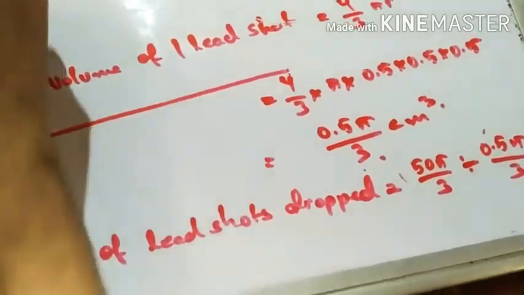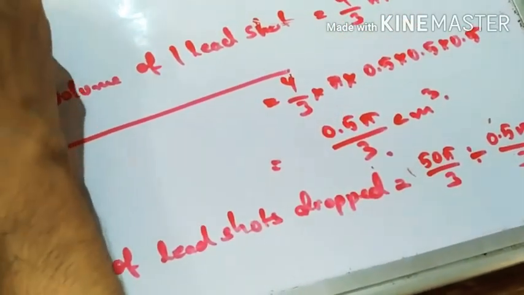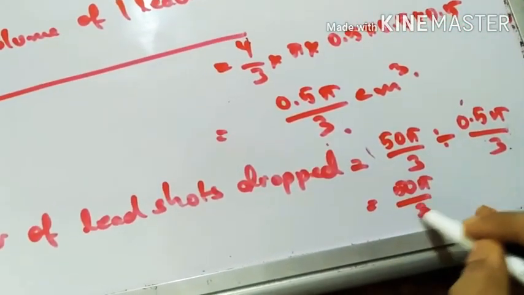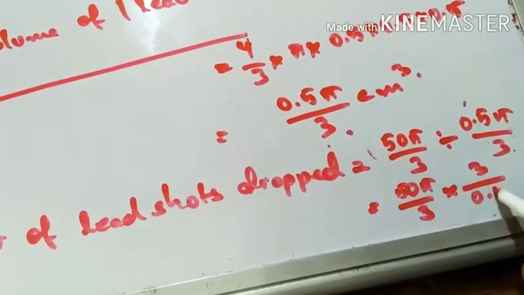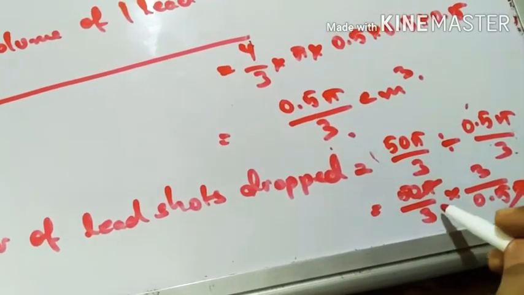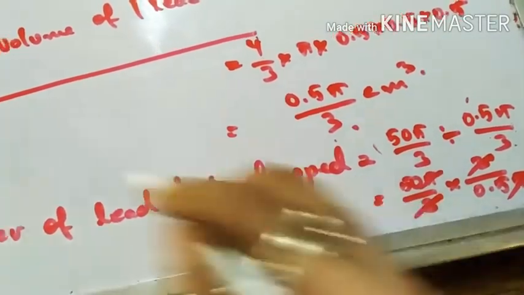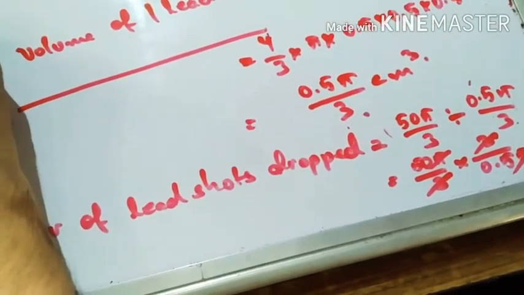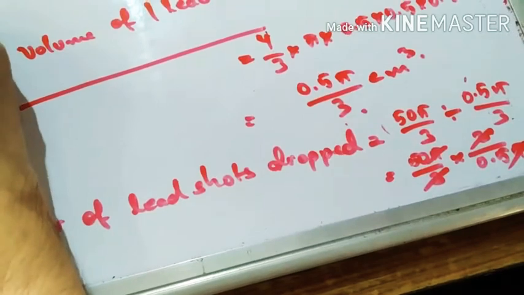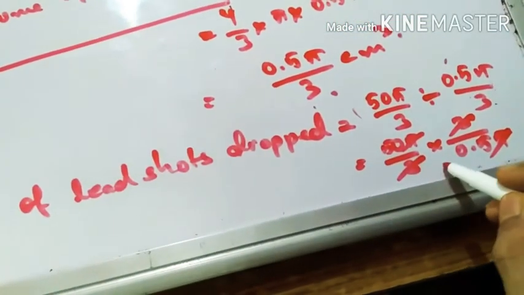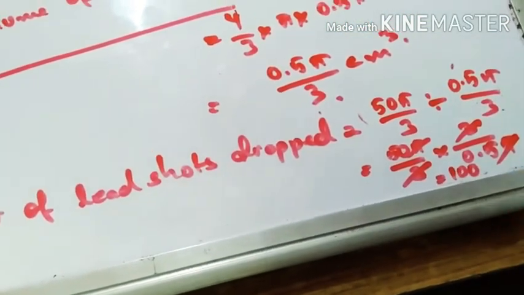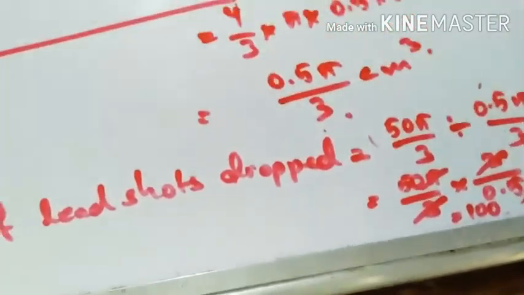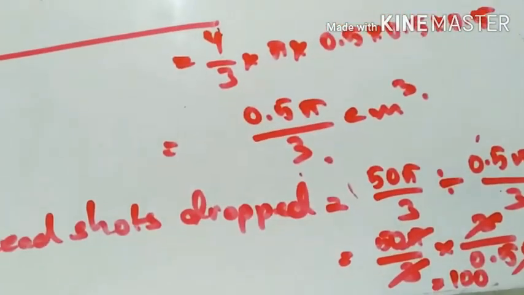So 50 pi by 3 into 3 by 0.5 pi. Pi cuts, 3 cuts, 50 divided by 0.5 is 500 by 5, which is 100. So 100 lead shots were dropped in this cone.